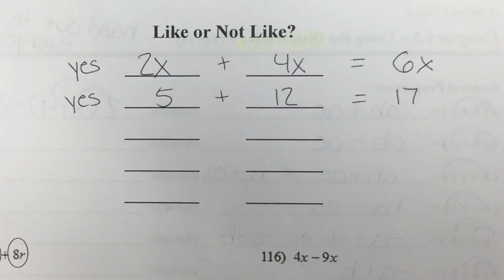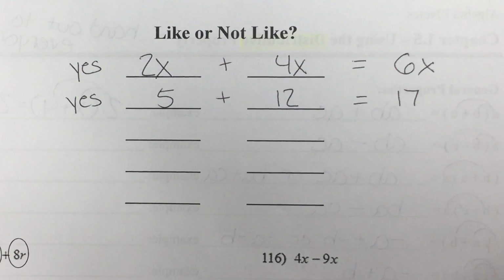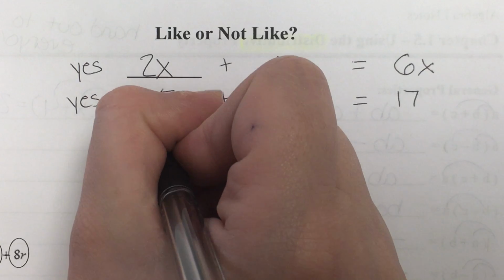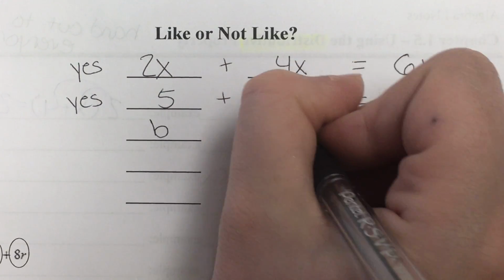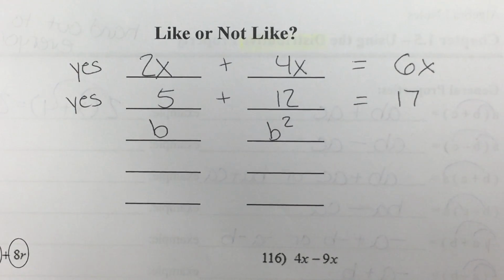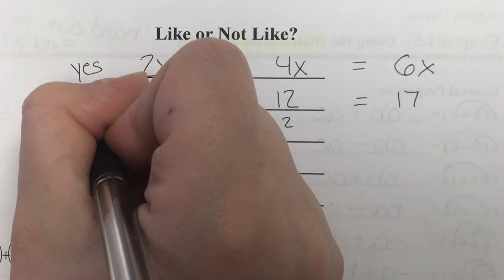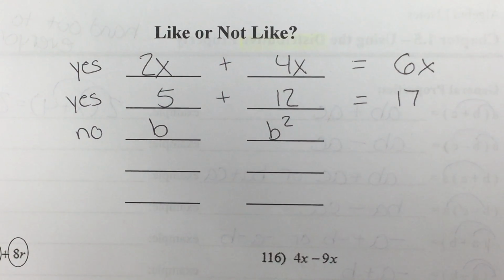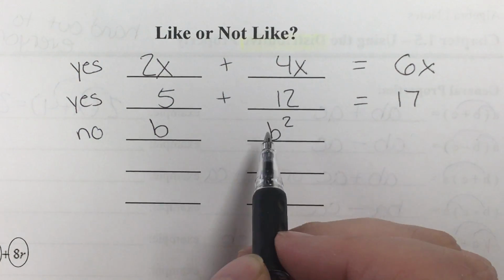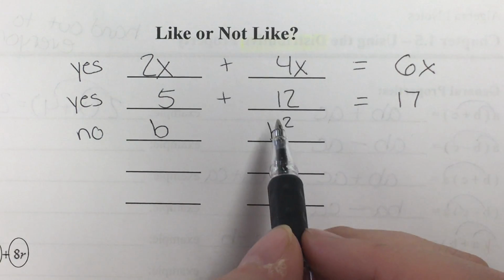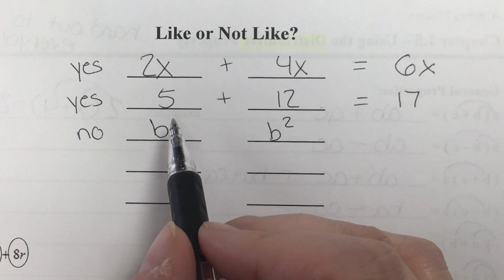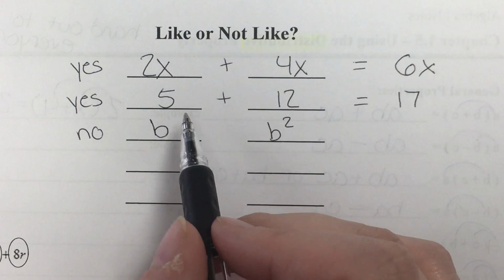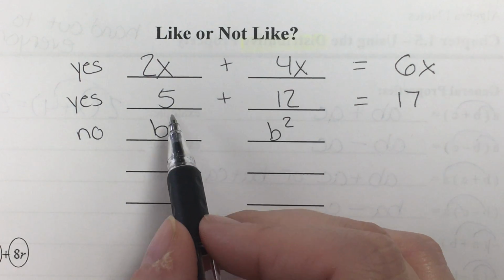All right. Let's think of another one. How about if I say b and b squared? Think about that one for a second. This actually would not be like terms, okay? Here's why. Yes, they have the same variable, but the exponent matters as well. So this one has the exponent, well, none, you would think, but it has the exponent of 1.